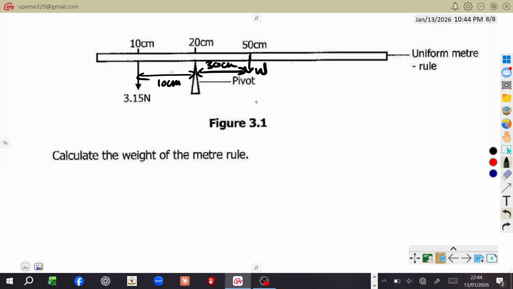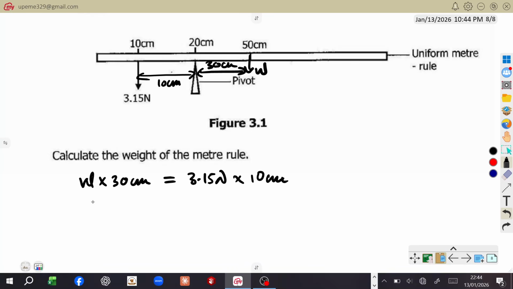centimeters. So if we want, we can just go direct where we say weight times this value here, 30 centimeters. But it's important to quote the principle of moment the way we have been doing. So is equal to, then here say 3.15 Newton times distance 10 centimeters.